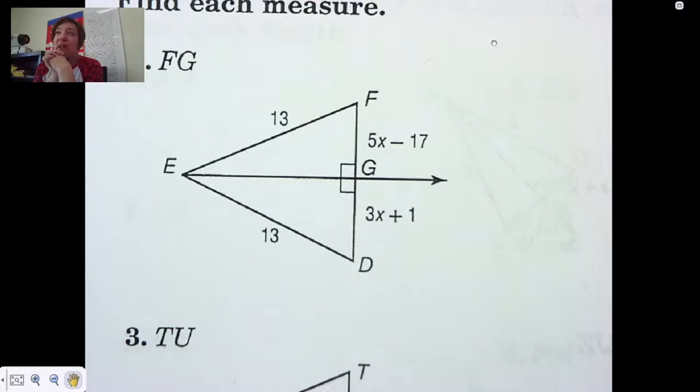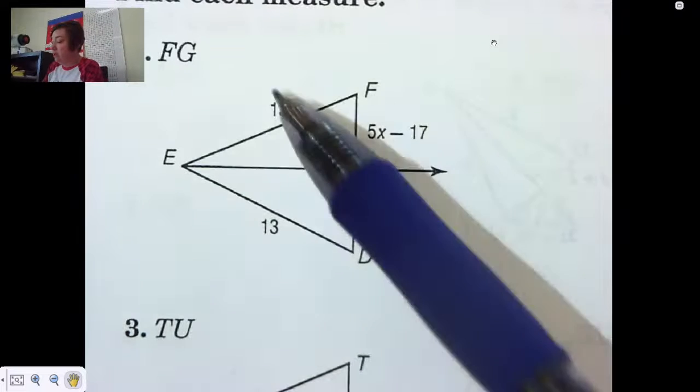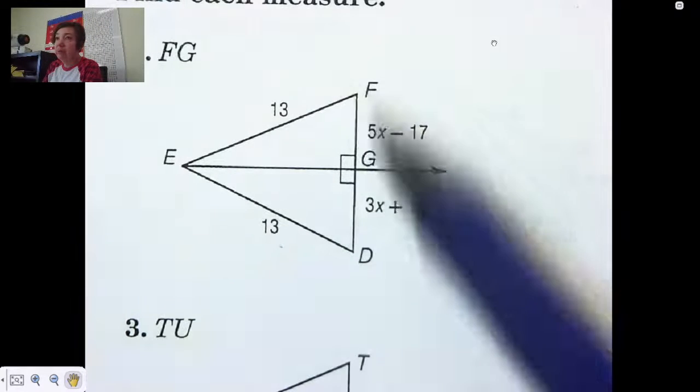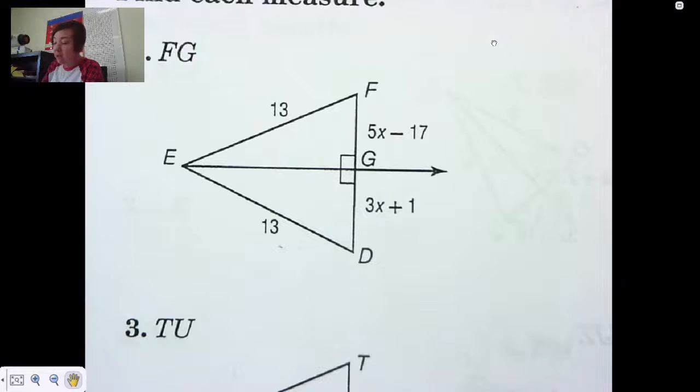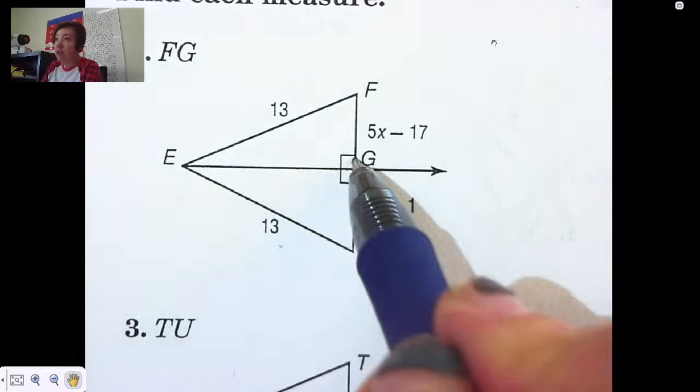Tell me just one thing you notice. 90-degree angle. We got a 90-degree angle, and these two sides right here are congruent, right? So that actually tells us that this is a perpendicular bisector.